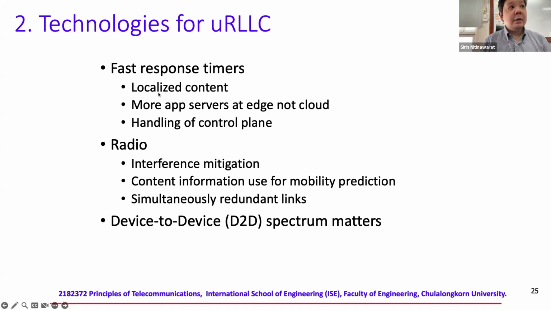The network can cache the contents closer to the edge, and to the users, to further reduce the latency. 5G also makes the control plane simpler for this service category to further reduce latency, because control plane is about handshaking.